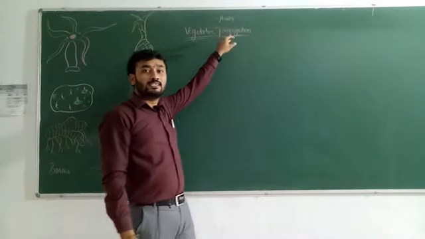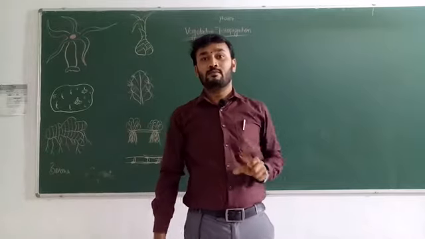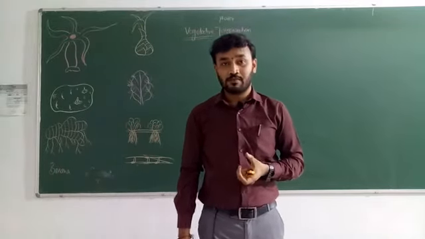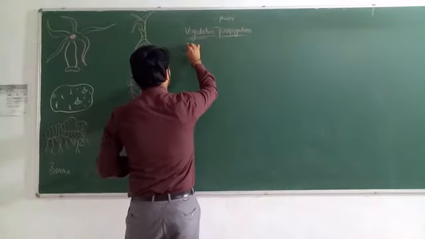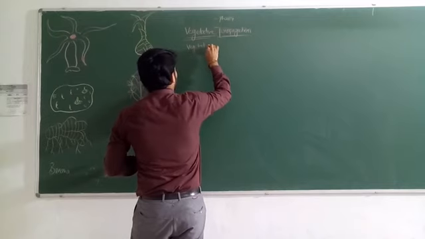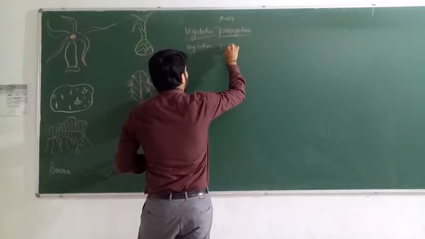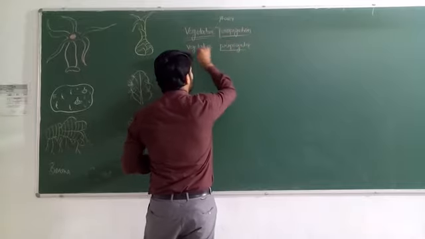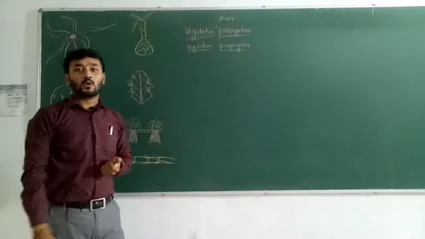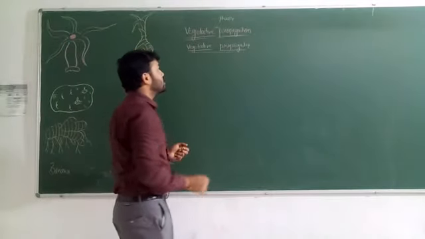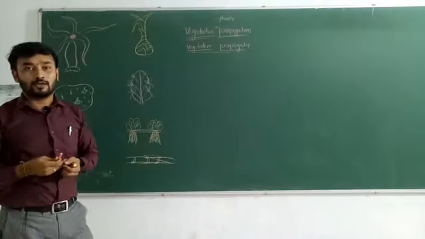That's why it is an asexual mode of reproduction. Vegetative propagation takes place by propagules of the body, that is vegetative propagules, meaning the structures which give rise to new plantlets. From the vegetative propagules, a new plant body will develop as plantlets.